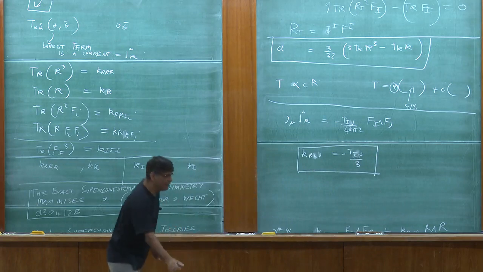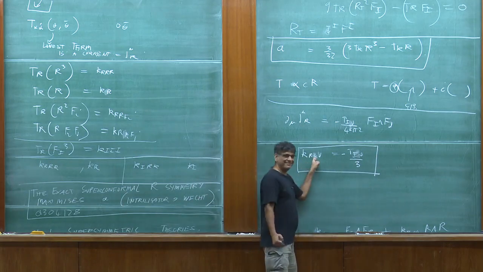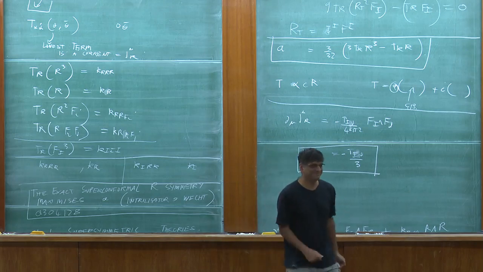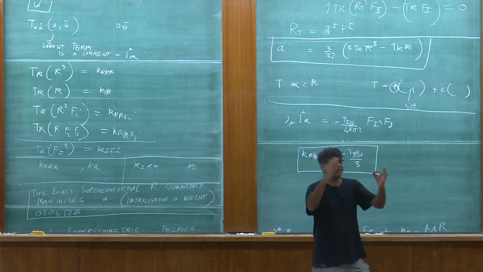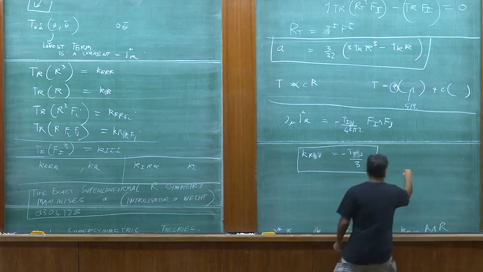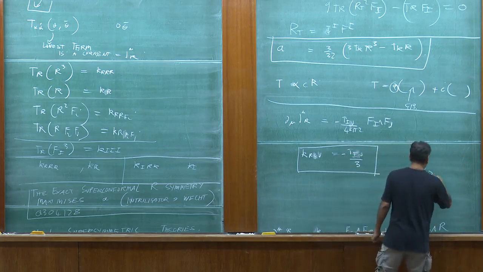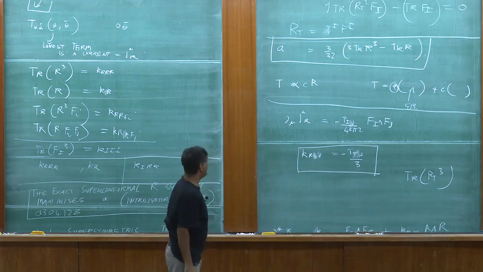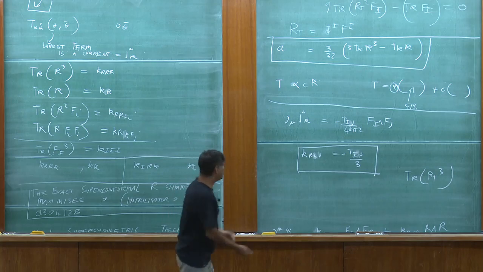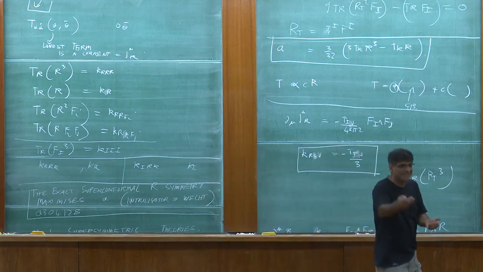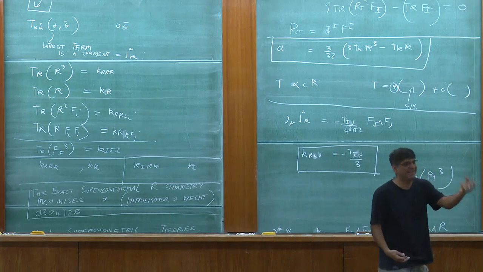But you see, this quantity is the second derivative of R. You take R trial and compute its trace. So suppose we take trace R trial cubed. Okay, you take trace R trial cubed and you compute its second derivative with respect to variation of the flavors. You will get trace R trial Fi Fj.